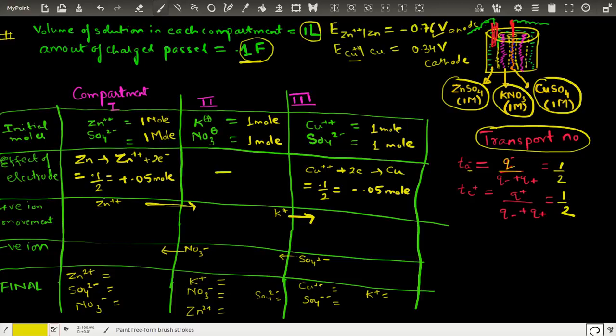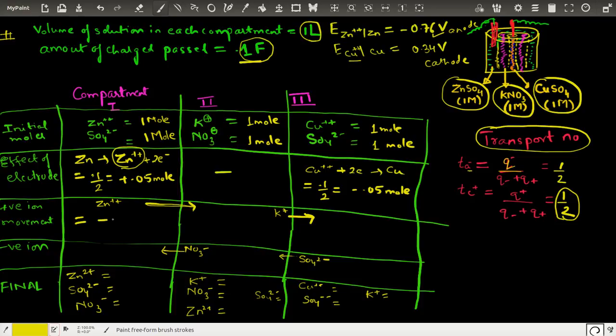Now let's talk about the movement of the positive ions. So in the solution we have added 0.05 additional moles of zinc 2 plus ions, but as far as the conductivity is concerned, since the transport number of cation is 1 by 2 or 0.5, actually what we can see is the zinc which is being transferred right into compartment number 2 would be half of it.